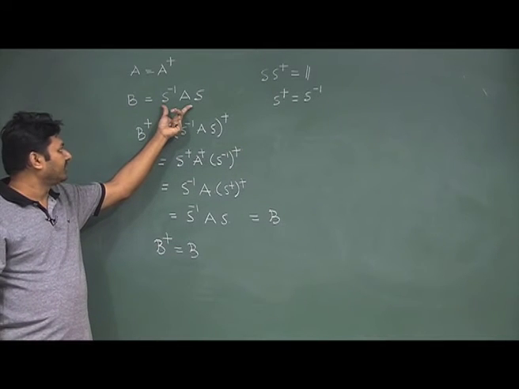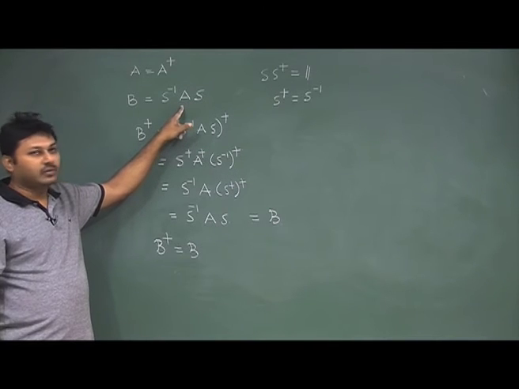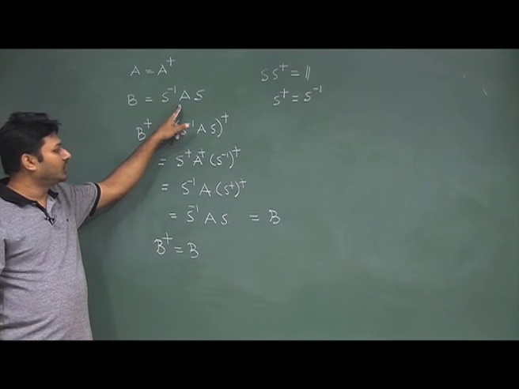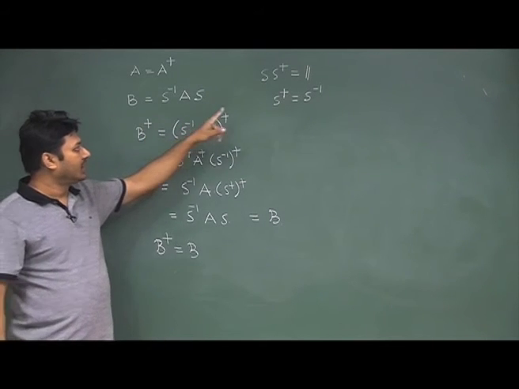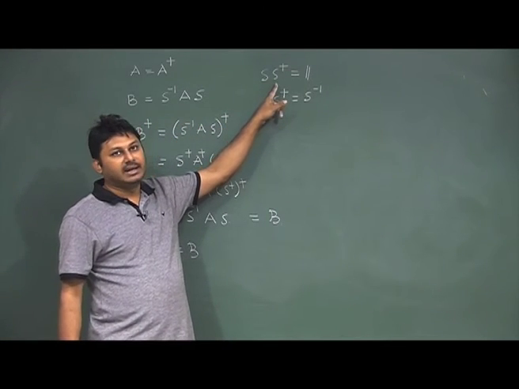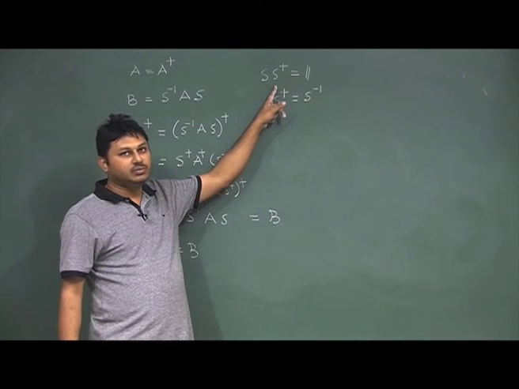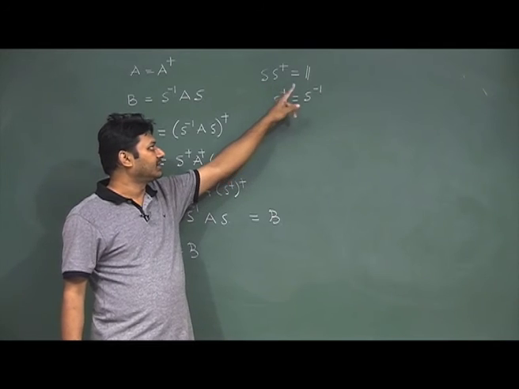When I make a basis transformation, my new basis is also orthogonal or orthonormal to each other. In order to ensure the orthonormal transformation, I have a transformation matrix which is unitary in nature. So, S dagger S is equal to 1.